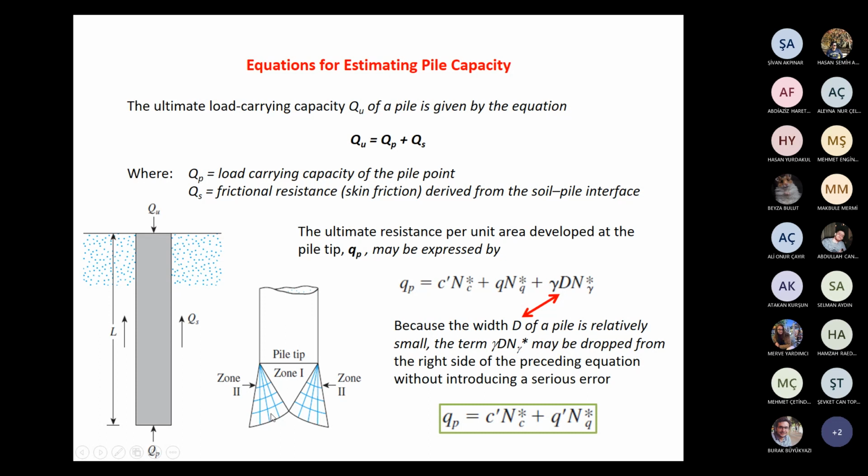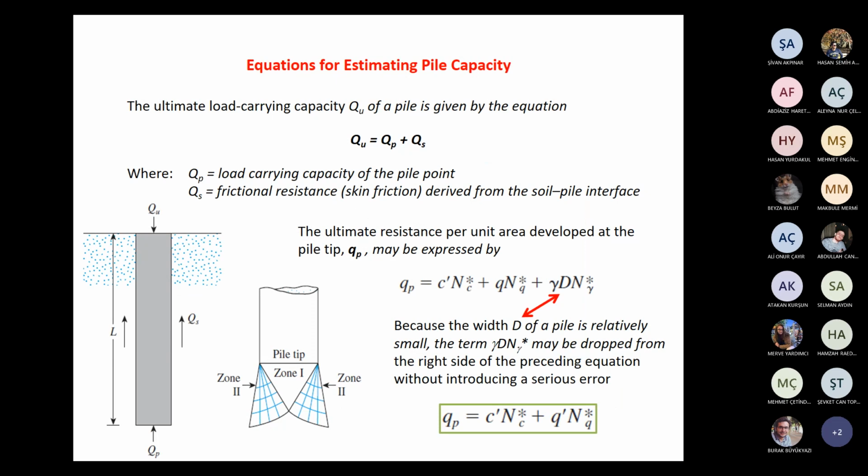So using this model and just taking force equilibrium, we can get a maximum capacity equation. Here, Q sub P should depend on soil strength properties. What are the soil strength properties?